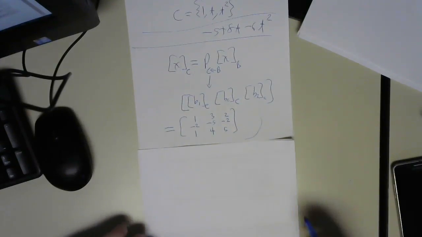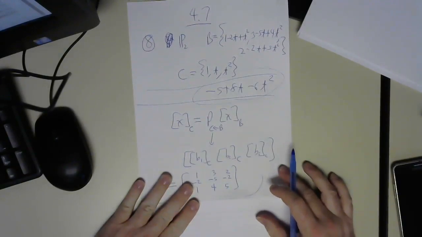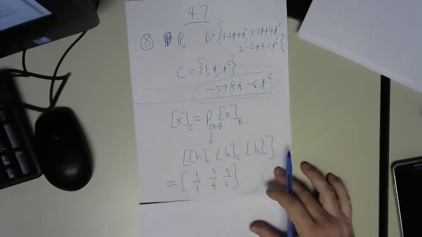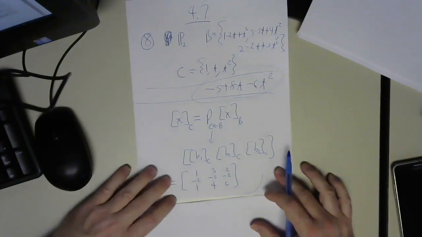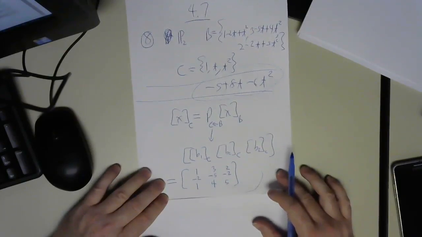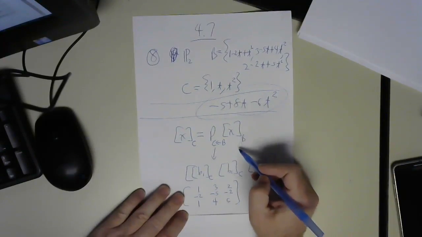Okay. Now let's do the second part, which says they give us some vector in P2, and they want us to find the B coordinate vector for that vector. Okay. Well, they've essentially given us this.